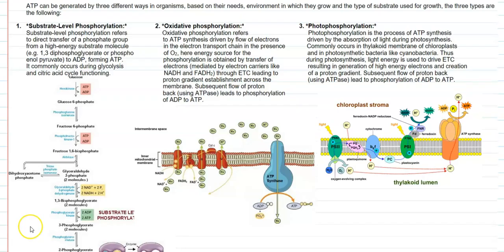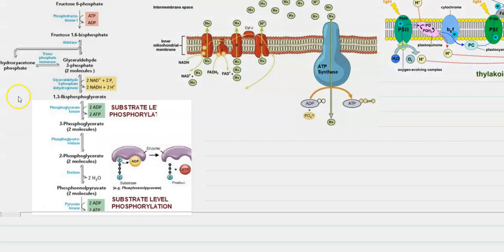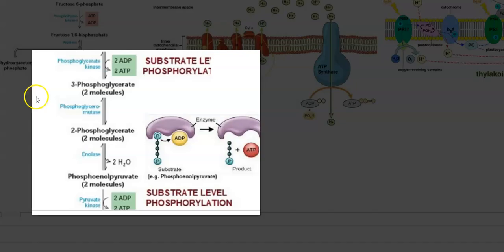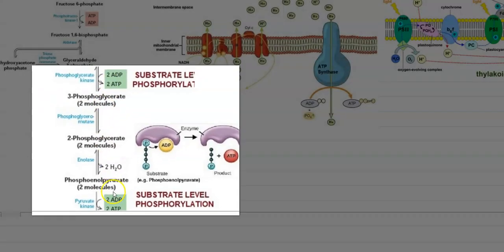Substrate level phosphorylation refers to direct transfer of an inorganic phosphate group from a high energy substrate molecule. For example, in the glycolysis process, you can look at the two steps in which ATP has been generated.